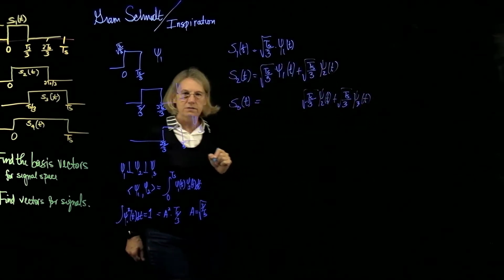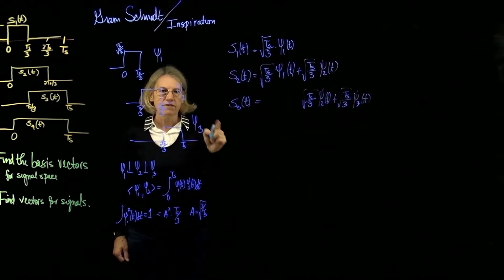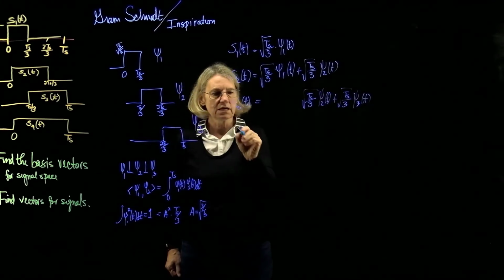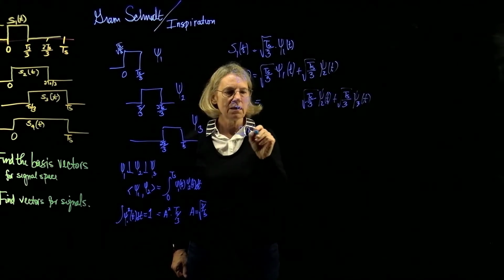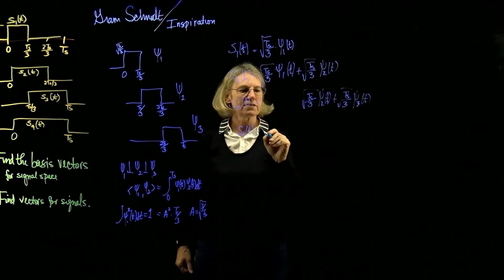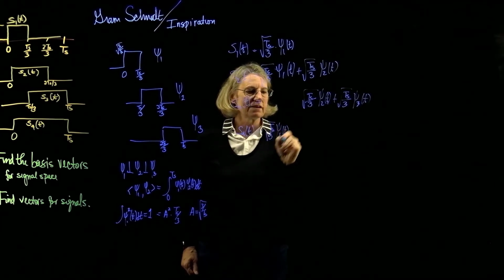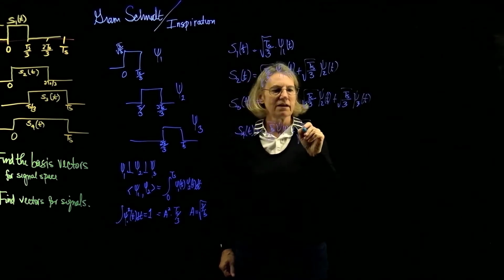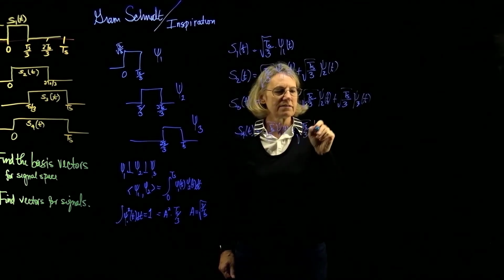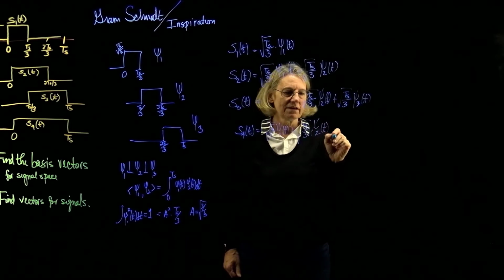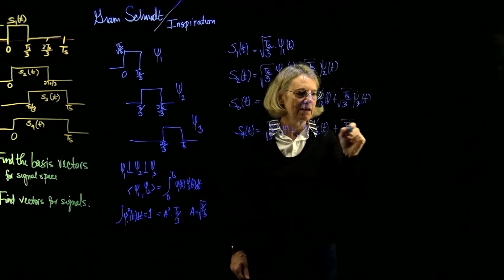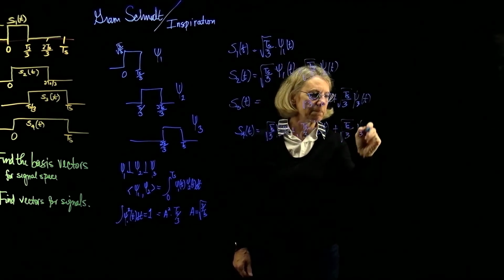And finally, S4 of t would be the square root of Ts over 3 times C1 of t plus C2 of t plus C3 of t.